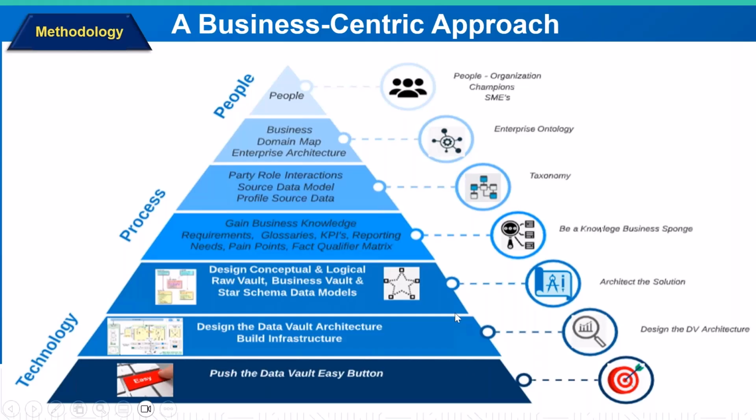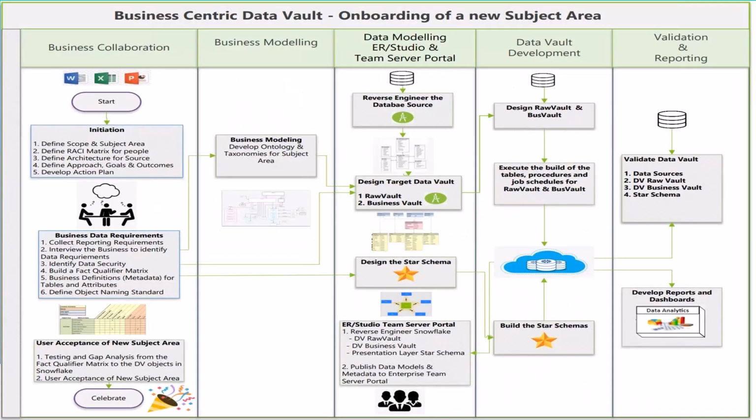Again, you need to follow this business-centric approach to make sure that you're following your standards and that you're building what the business needs, okay? But these tools, having all of these things in place, having the models so that you know what it is you're trying to build, okay? That is key, but having an acceleration tool will get you to the finish line a lot quicker, okay? So this is a business-centric approach that I always follow, that we follow at Resultant.